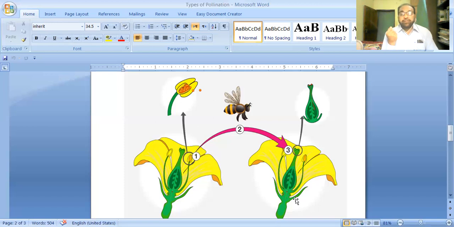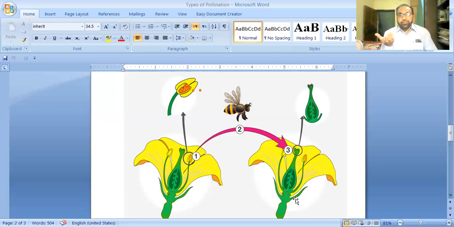So this is about the first part of pollination, that is the definition of pollination. Then the types of pollination, self-pollination types, cross-pollination types, then strategies or contrivances or adaptations for self-pollination as well as cross-pollination. You are supposed to remember all these aspects with their examples.